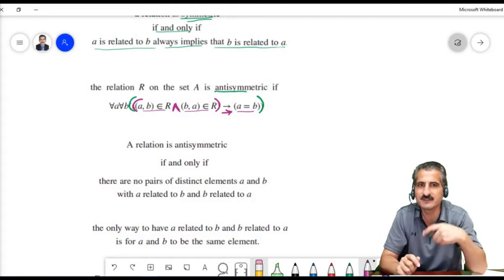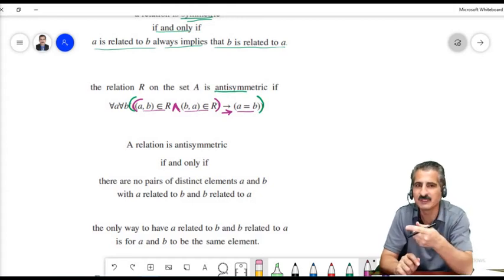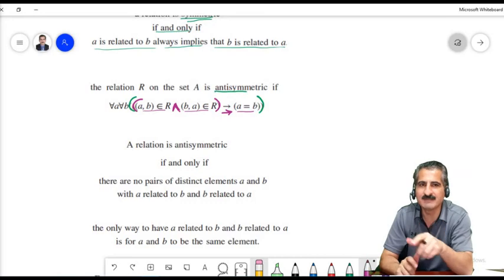If A is related to B and B is related to A, we cannot allow A and B to be distinct. We cannot allow them. This is what R says when it is antisymmetric. If A is related to B and B is related to A, then A and B are the same element.